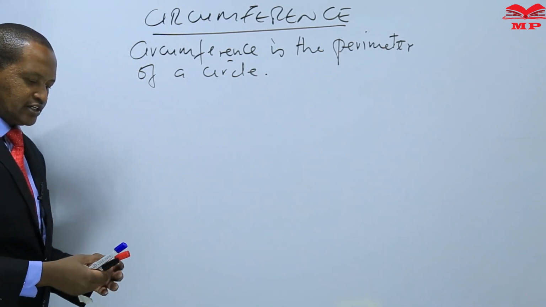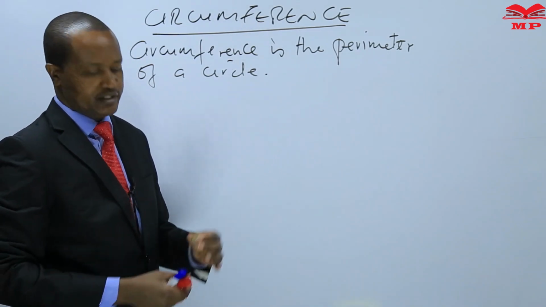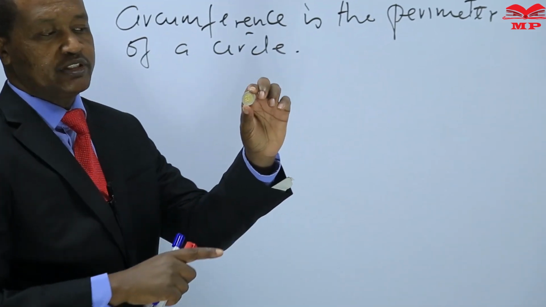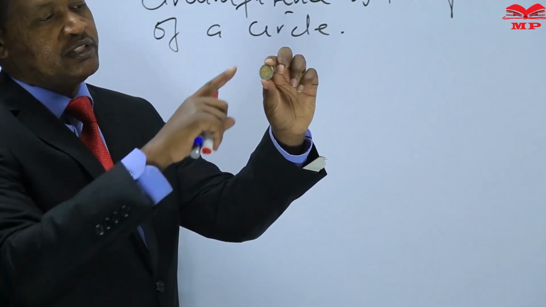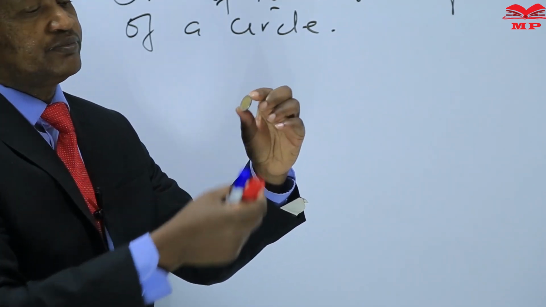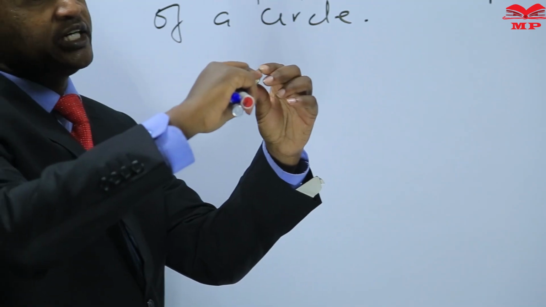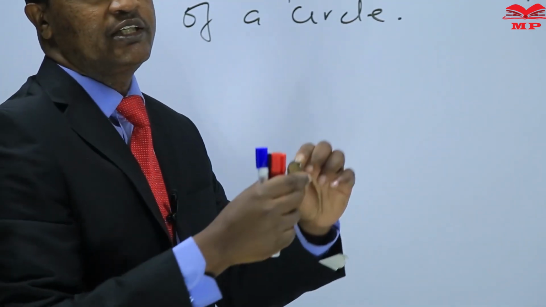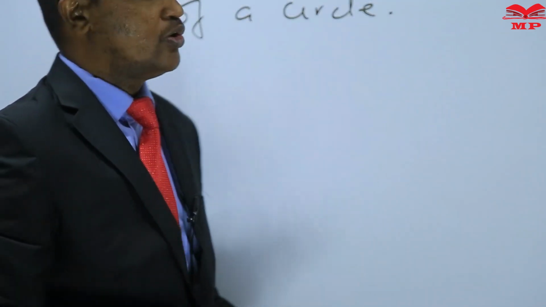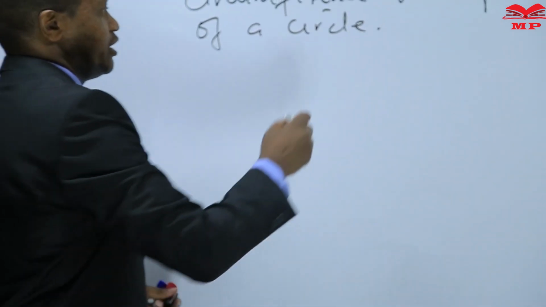I have a pound, a 20 bob shilling. It's called a pound, a rounded figure or shape. So if I was to get the distance around this coin, then I'll say that is the circumference of the coin.